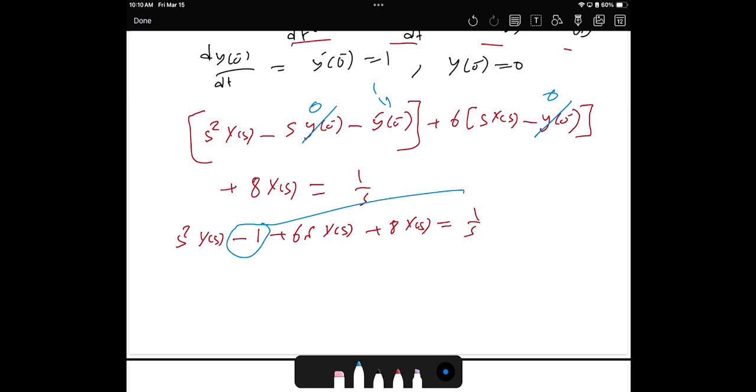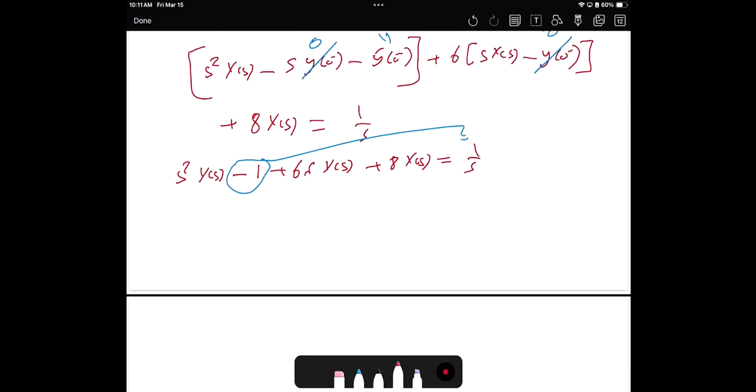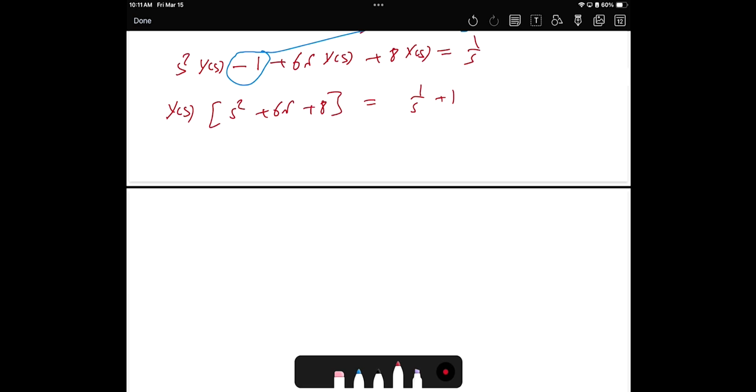Let's move it to the other side and take y of s as a factor. It will be s squared plus 6s plus 8 equals 1 over s plus 1. Okay? Does this make sense? Now we need to calculate y of s. y of s will be 1 over s plus 1 divided by s squared plus 6s plus 8.